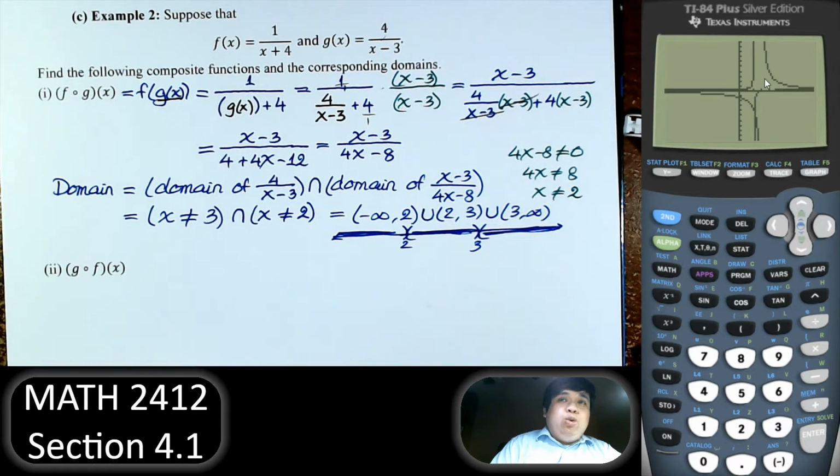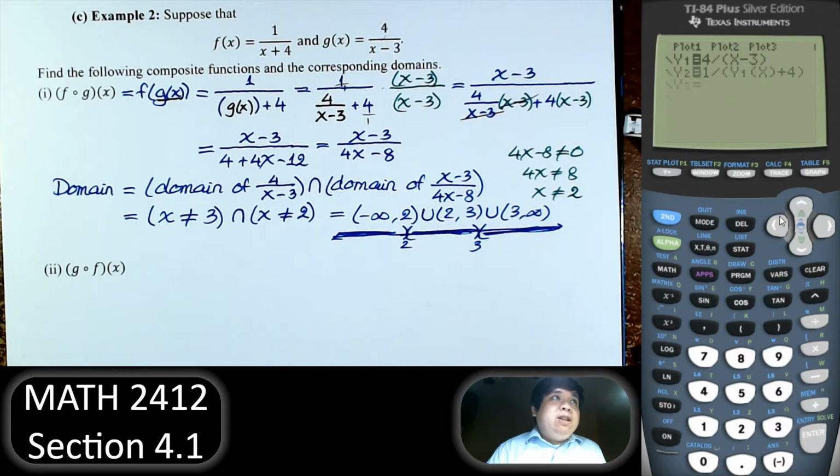X cannot equal 2. So both of them cannot be equal to 2, cannot be equal to 3. And if you want to confirm it, you see, when I highlight the equal sign, if I hit enter and it shows the equal sign, meaning that it will not graph it. It's like the switch. The equal sign means off and that means on.